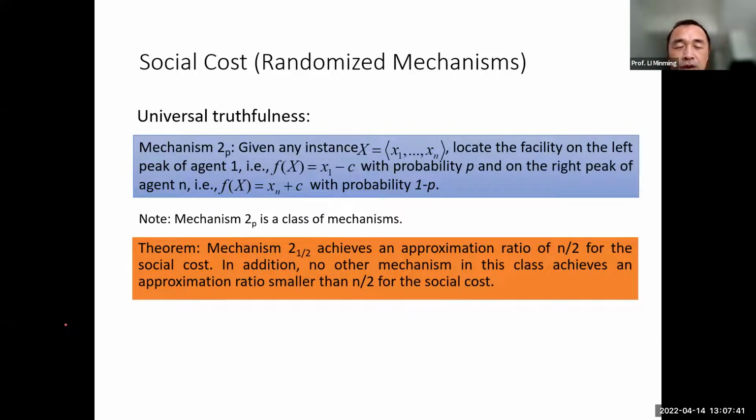As I said, we have two classes of randomized mechanisms. One is called universal truthful. The other is truthful in expectation. So what is universal truthful? Universal truthful means this randomized mechanism has several outputs, and each output, if you output it with 100% probability, in other words, if I just output that location, it is deterministically strategy proof.